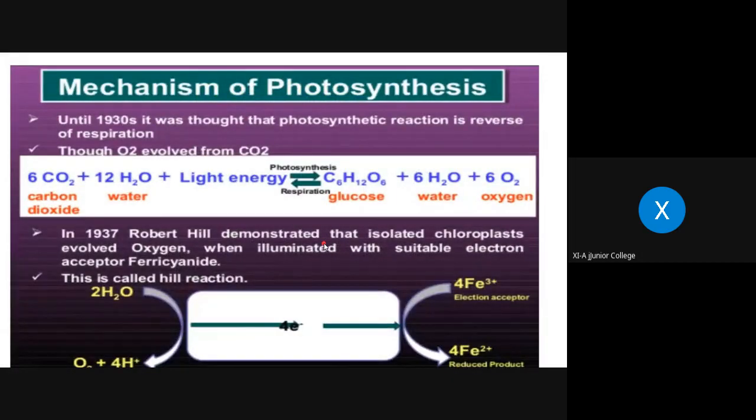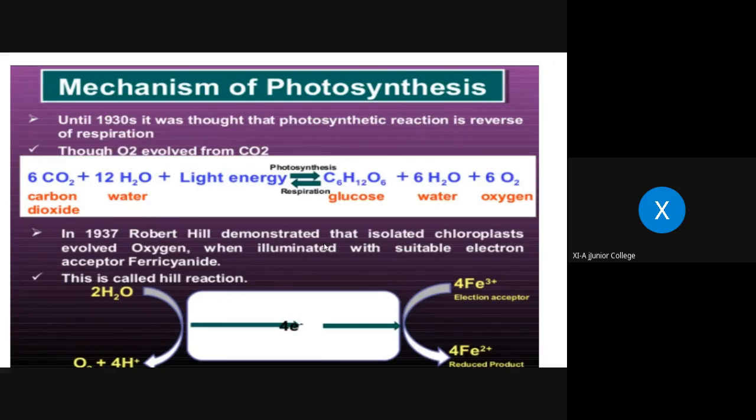What happens in photosynthesis? You know the formula of photosynthesis. But previously, until the 1930s, it was thought that the photosynthetic reaction is the reverse of respiration. Now let me tell you what happens in respiration so that you will understand what is opposite or reverse of respiration. Do we respire?